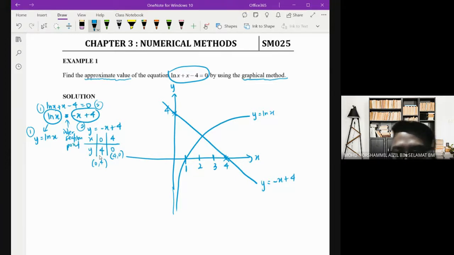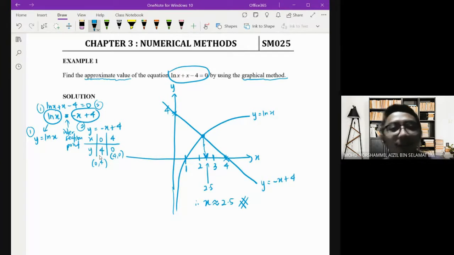So what does it mean? This is the intersection point between these two graphs. So we draw it down to here, to the x axis. Somewhere here 2.5. So what does it mean? X is approximately 2.5. So guys, this is the answer.